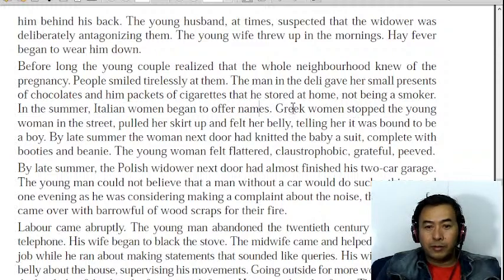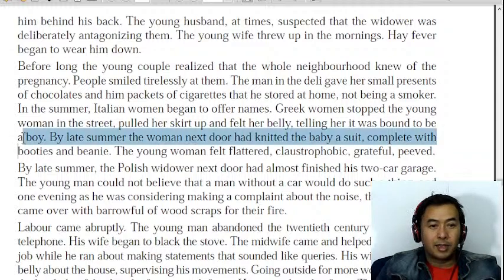Greek women. There were Greek people also. Greek women stopped the young woman in the street, in the middle of the street. This young wife was stopped, and then they would inquire what happened, and then obviously they would be having some kind of gossip. They pulled her skirt up and felt her belly, checked whether there is a baby in the belly, telling her it was bound to be a boy.